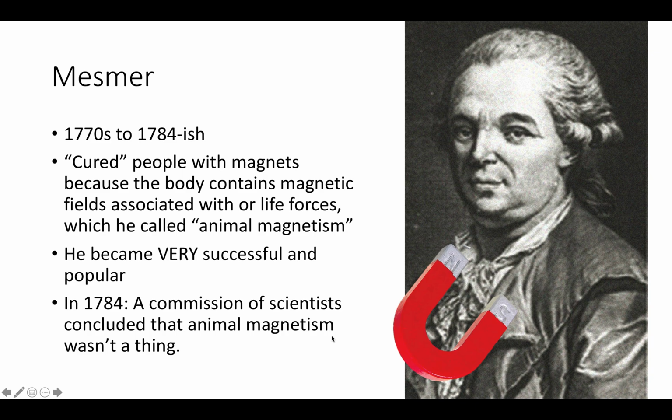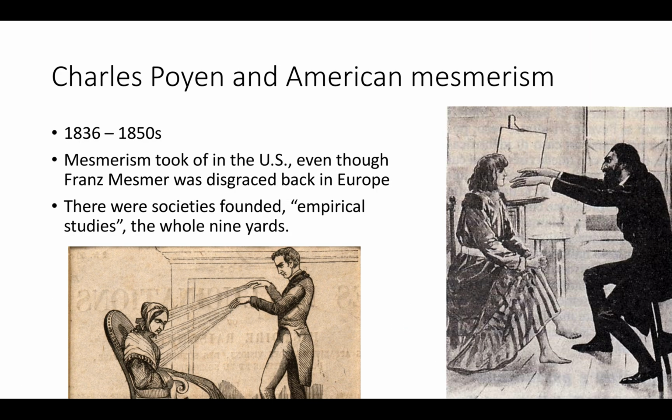It's just people are suggestible, placebo effect, this guy's a fraud. That kind of hurt Mesmer's reputation. And for some reason, mesmerism, while it did take a big PR hit in Europe, later in America, it just took off like wildfire.